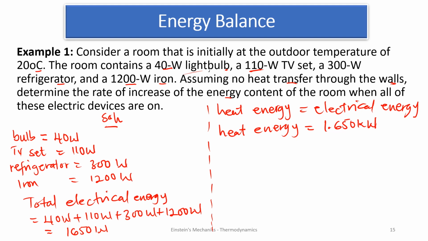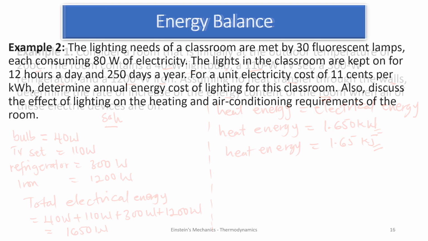Or we can say the heat energy in the room will be 1.65 kilojoules. Are we okay? So this is the amount of heat energy inside the room. You add up all the energy content of the various appliances. Can we move forward? Example 2.